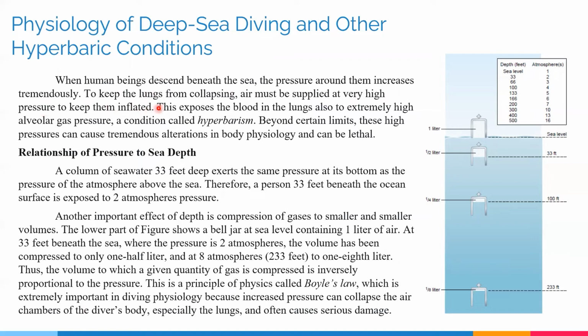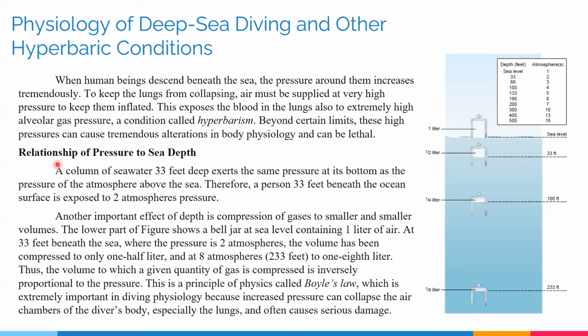To keep the lungs from collapsing, air must be supplied at a very high pressure to keep them inflated. This exposes the blood in the lungs also to extremely high alveolar gas pressure, a condition called hyperbaric. Beyond certain limits, these high pressures can cause tremendous alterations in body physiology and can be lethal.